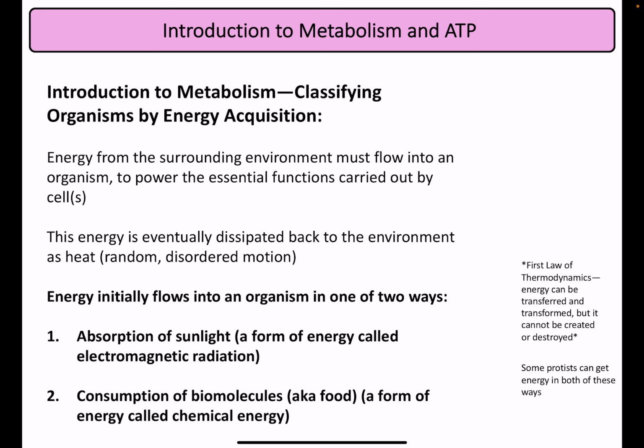We will cover that in our next module. Other organisms can acquire energy by consuming, basically by eating. In either case, whether you're consuming food or, like a plant, building your own food, you have to subsequently break down that food into a more usable form of energy for cells.